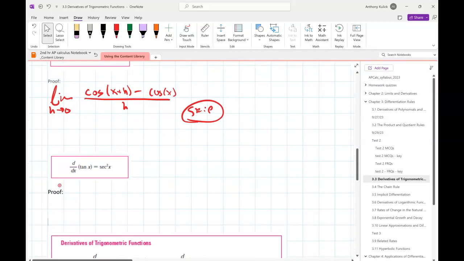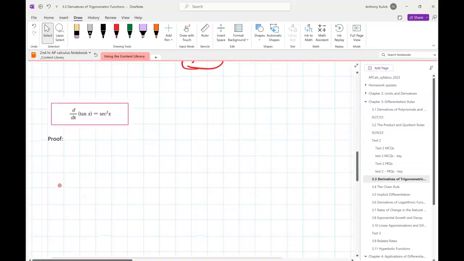What if I wanted to do the derivative of tangent and show that that's equal to secant squared? How would I do this? Quotient rule. Yes!